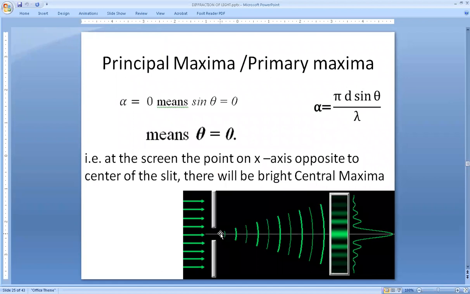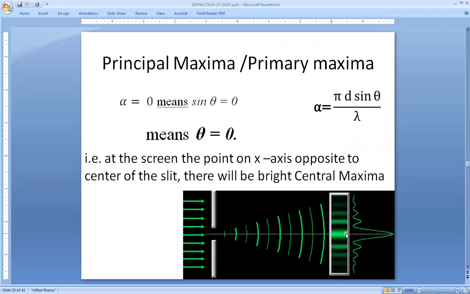So the positive thetas are the angles in the first quadrant. If you imagine this as the XY plane, in the first quadrant, whatever thetas you get are positive thetas. Whereas in the fourth quadrant, which is the lower side of the diagram, you are going to get the same thetas, which of course represent the negative thetas. Theta positive means this side, theta negative means the lower side, right? So these thetas are symmetric, and that's why you are going to get a symmetric pattern about the center.